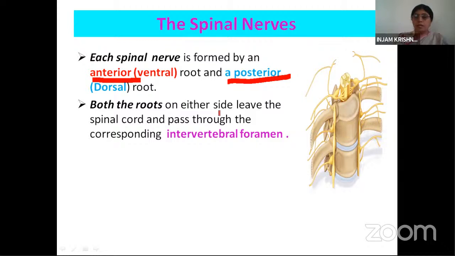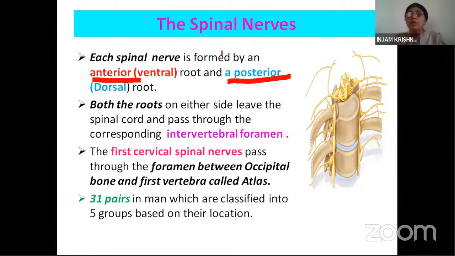Both the roots on either side leave the spinal cord and pass through the corresponding intervertebral foramen. You can observe here, this part is posterior, this is anterior. From the posterior, this is one root, one narrow.